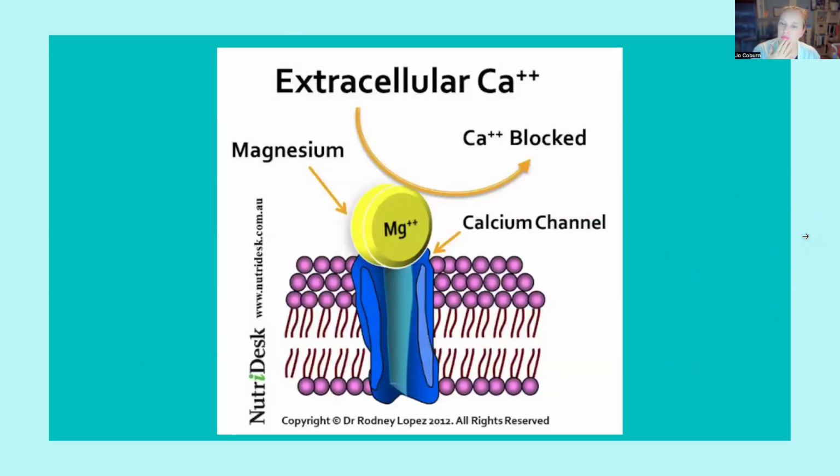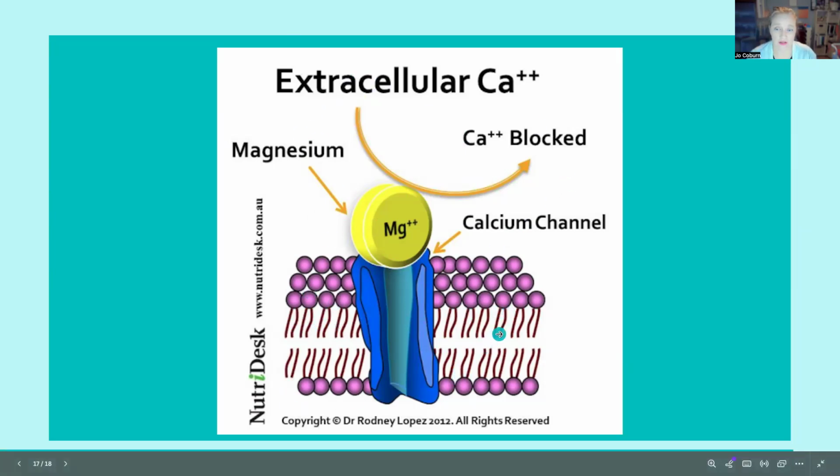So not only are we looking at it on the side of being involved in glucose metabolism, you've got to look at it as, here you have the extracellular calcium, and calcium's being blocked. If magnesium goes in and blocks the calcium channel, this is how that works. If you need the visual of the last slide.